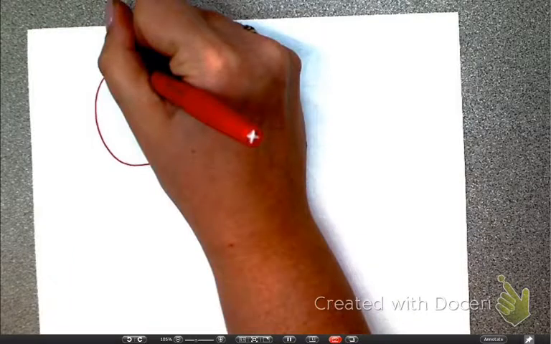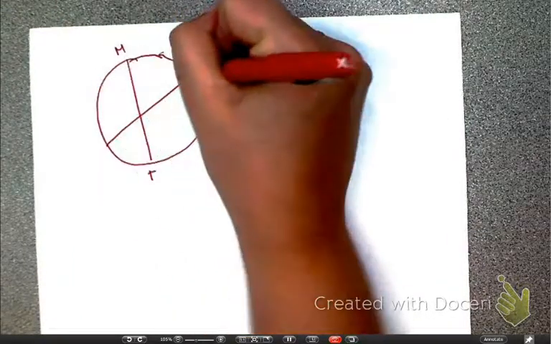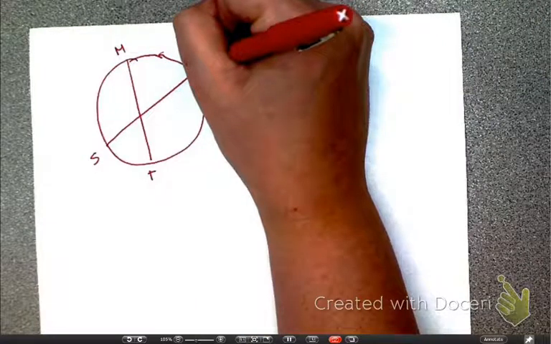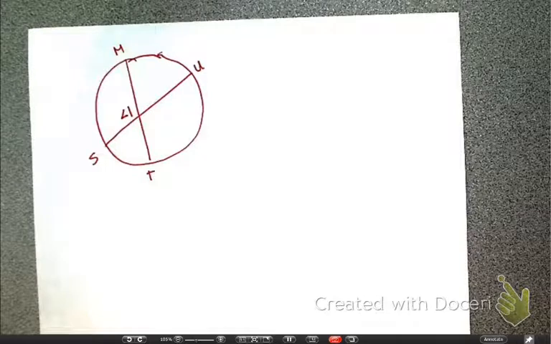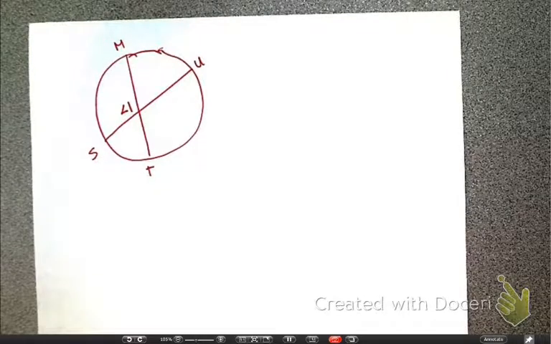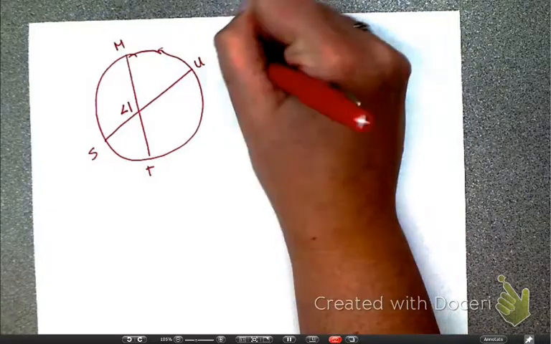So, I'm looking for that angle. So the formula is the measure of angle 1.